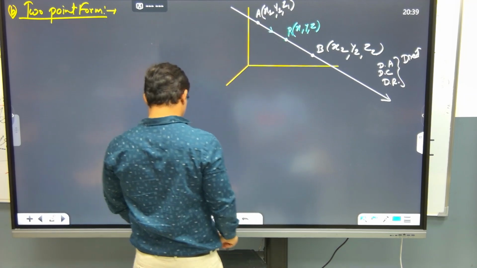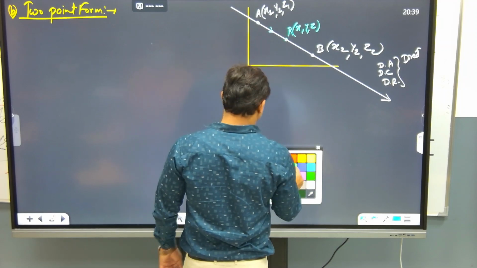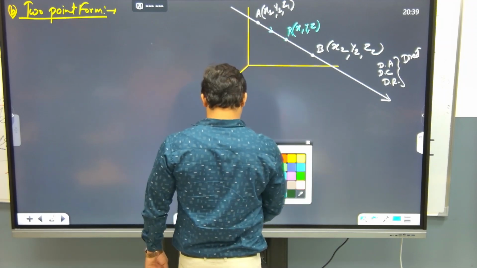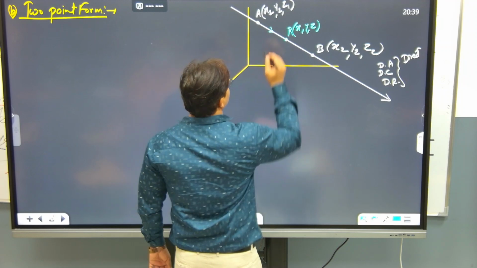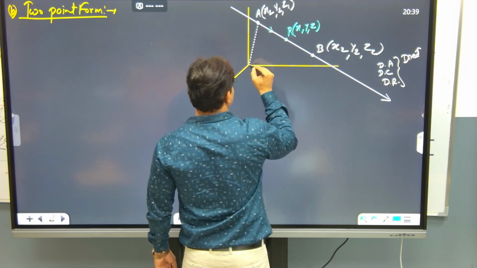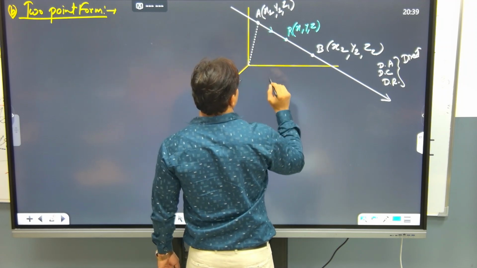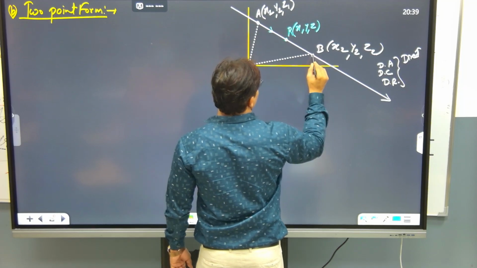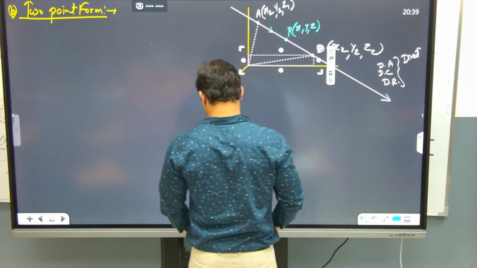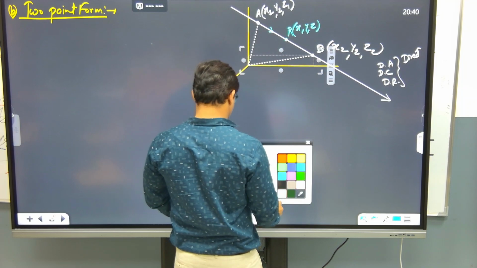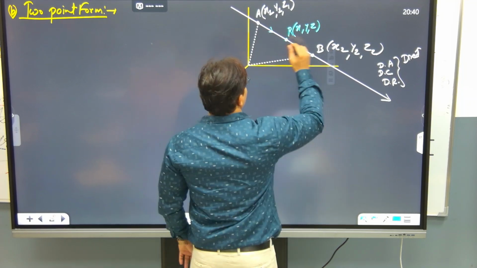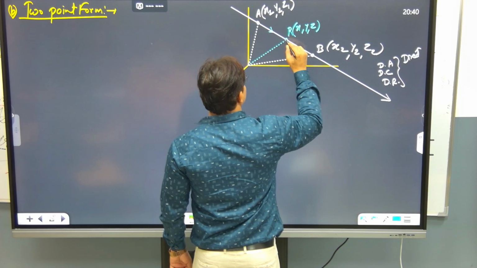For this, first we have to understand the basic concept of the position vector of this line. We know the first point, then we have the second point, these two are given, and R is our moving point.